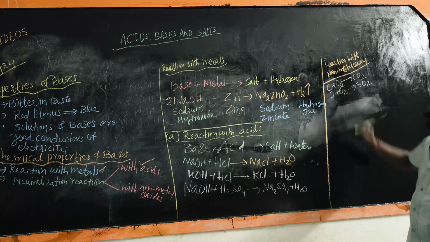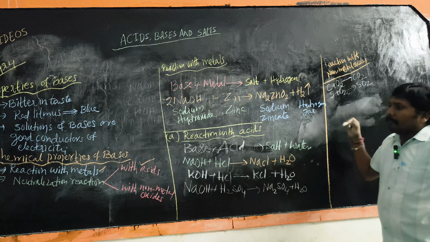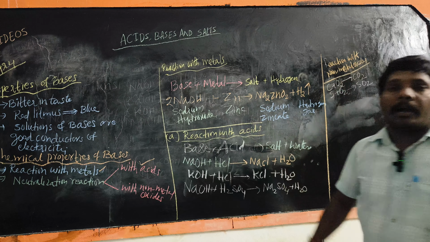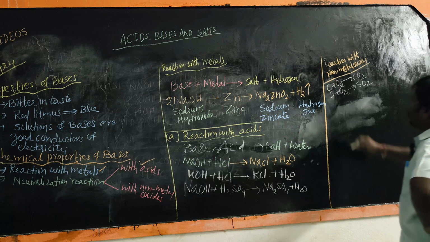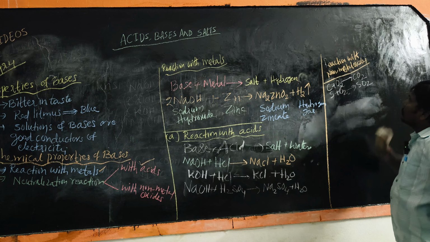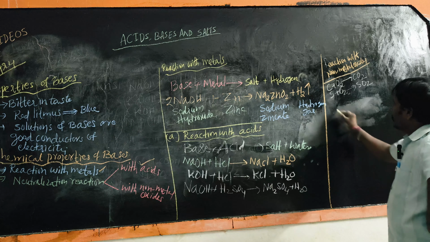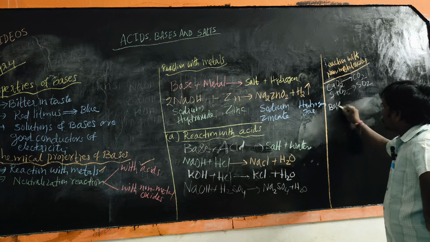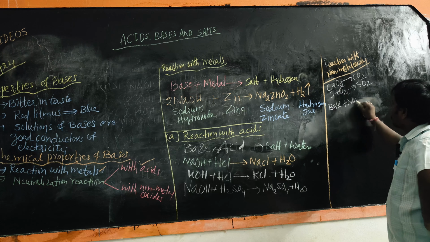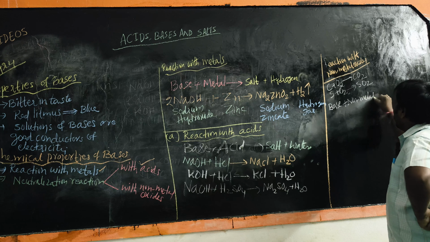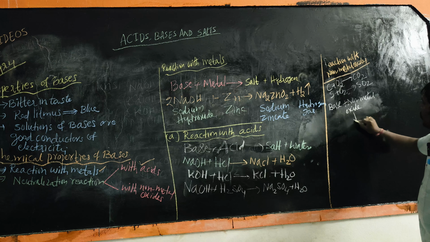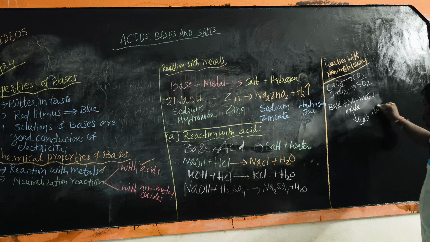So what happens when these non-metal oxides are combined with bases? Let's understand reaction with non-metal oxides. For example, base plus non-metal oxide forms salt and water.